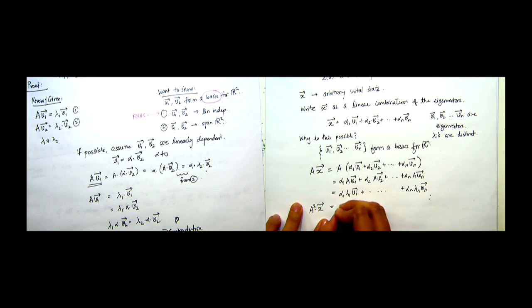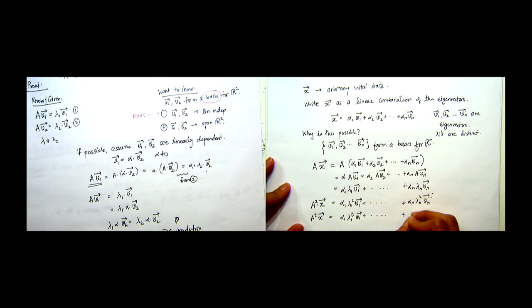What happens when I apply A one more time? If I think about A squared times X, can I do the same thing? I can write A times this. And what is going to happen to A times V1 now?